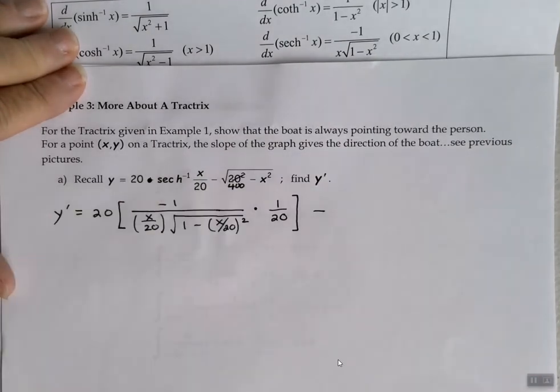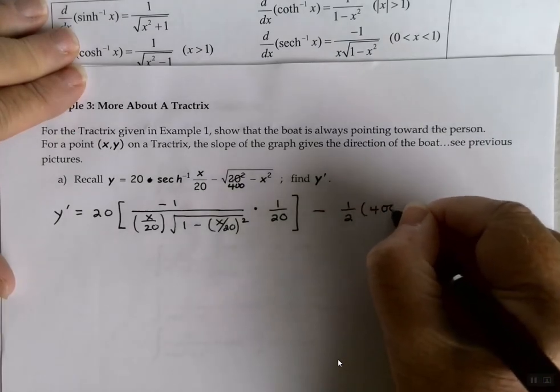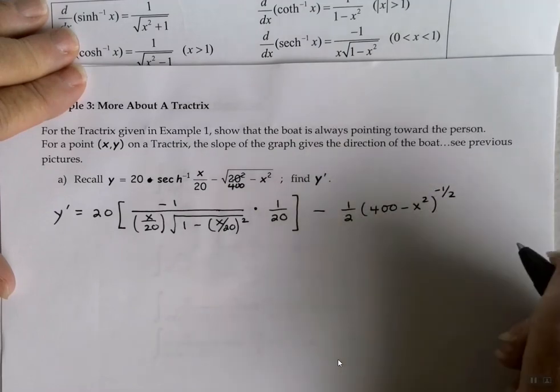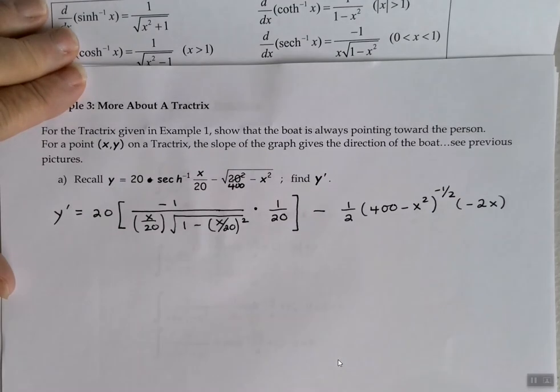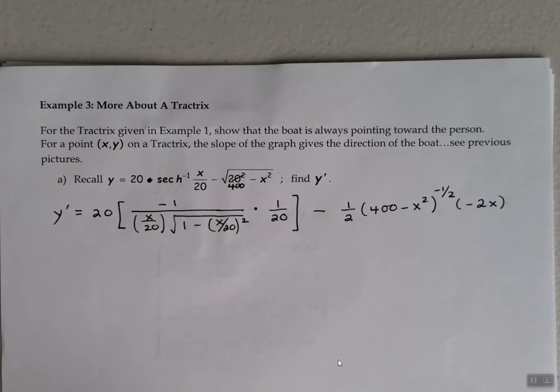Minus derivative of the radical, 1/2 times 400 minus x squared to the -1/2, and then chain rule, -2x. Okay, so there's that derivative.